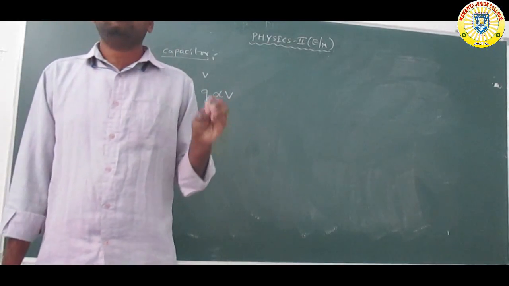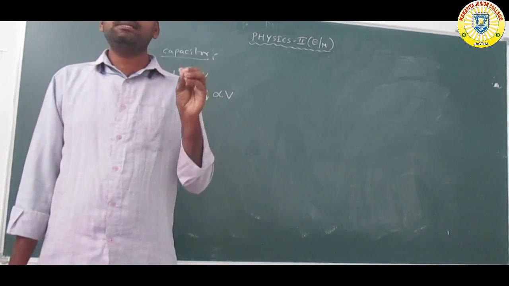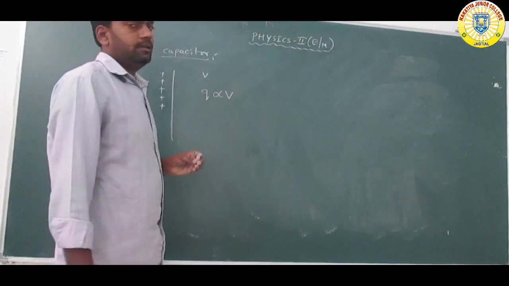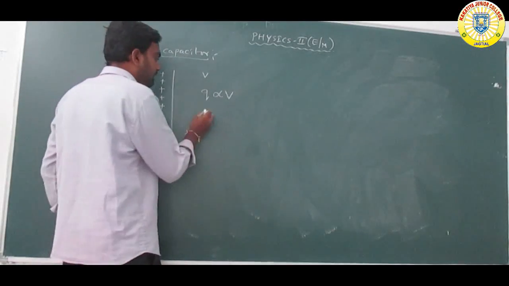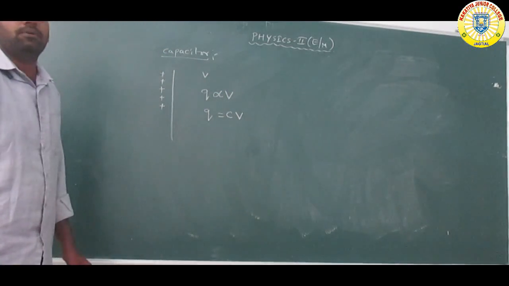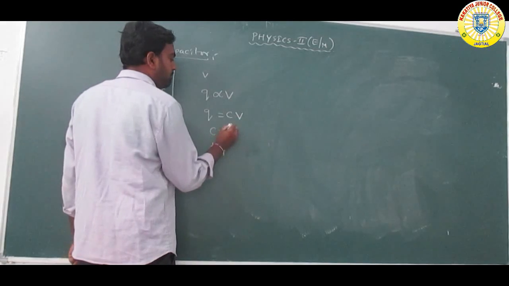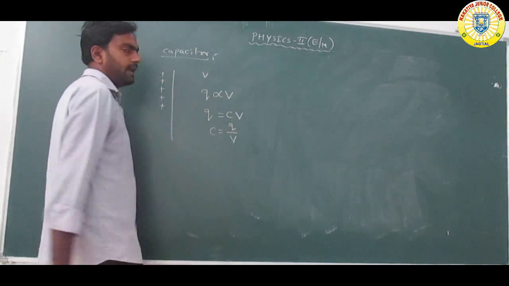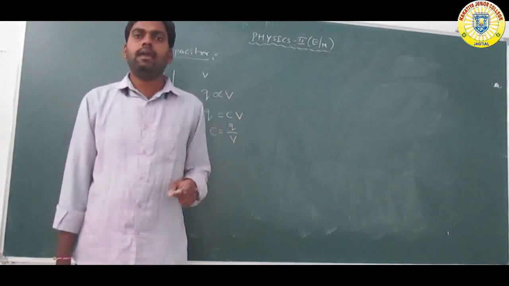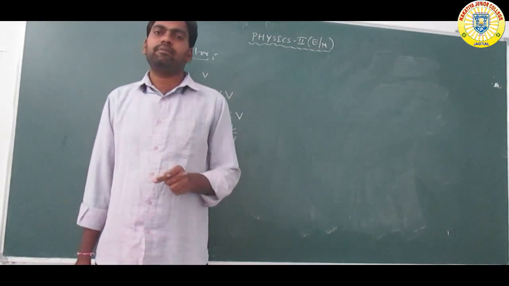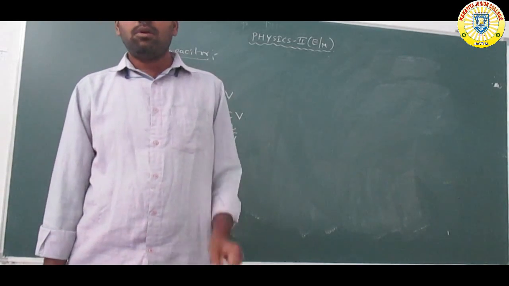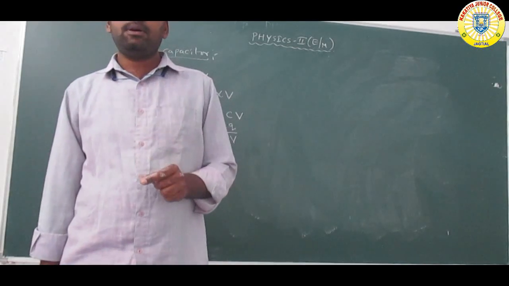That means Q is directly proportional to V. Neglecting the proportionality sign, we take a constant called C, so Q equals C into V. So C is equal to Q by V. C is the proportionality constant, also called the capacitance of a capacitor.